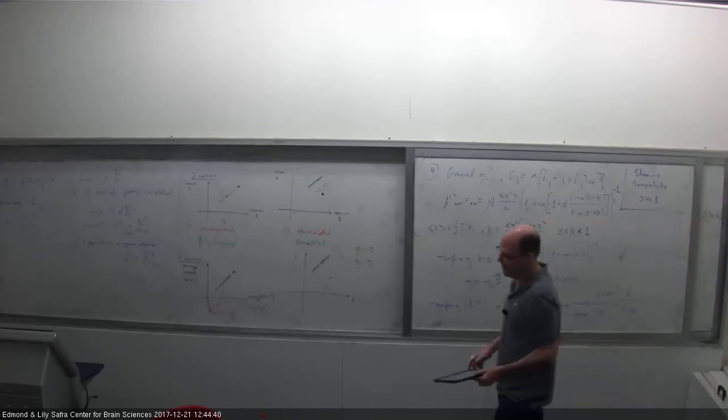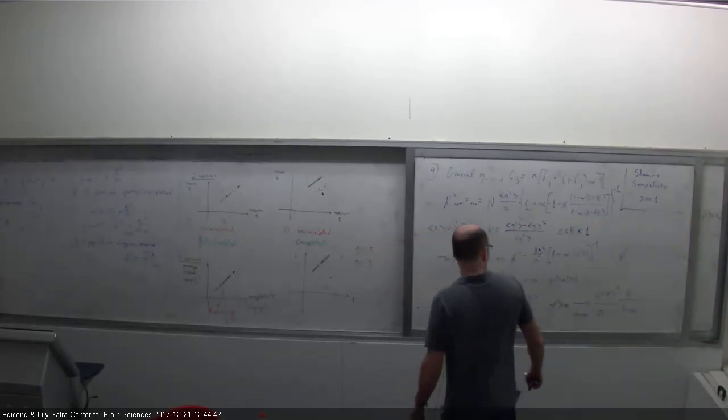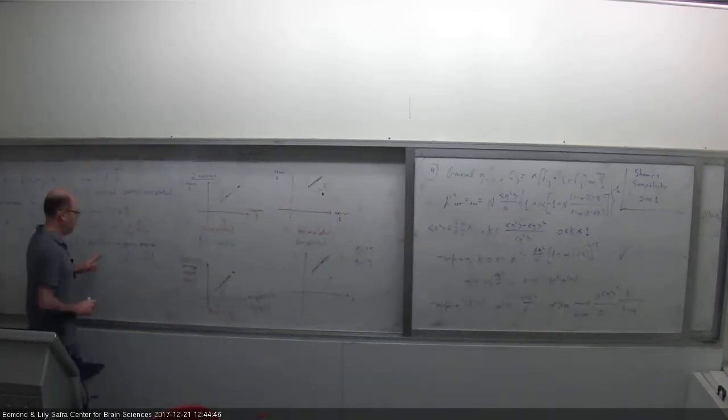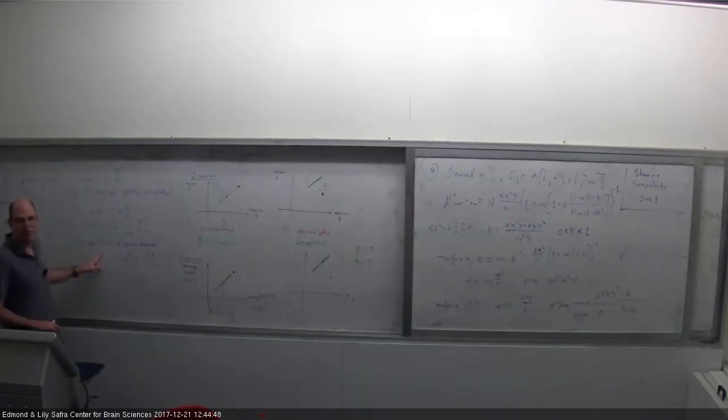The reason I suspect that this is wrong is that in this case the average of g is 0, because it's plus g for half the neurons and minus g for half the neurons, and then we would get here 0, which doesn't make much sense.